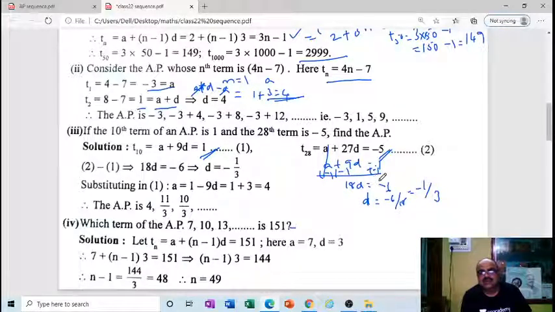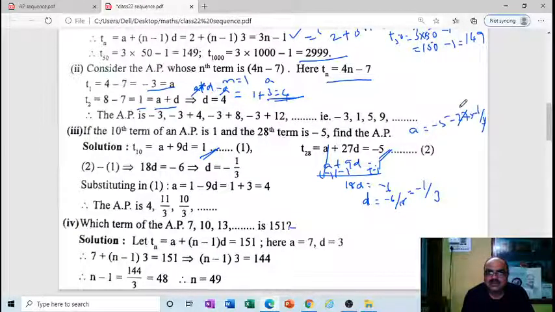Put in one of the equations, you will get a. a equals minus 5 minus 27 into minus 1 by 3. Minus 9 into 1 is plus 9. 9 minus 5 is 4.